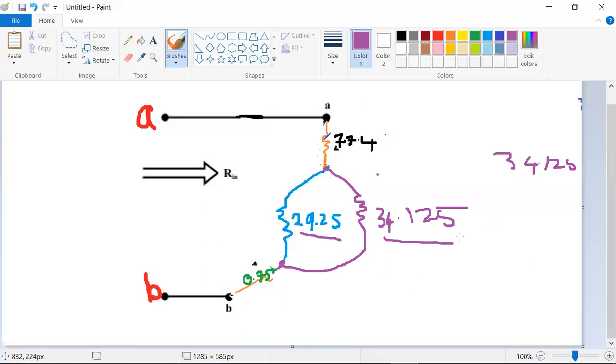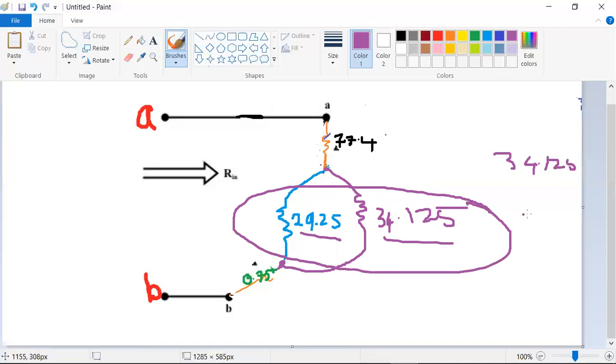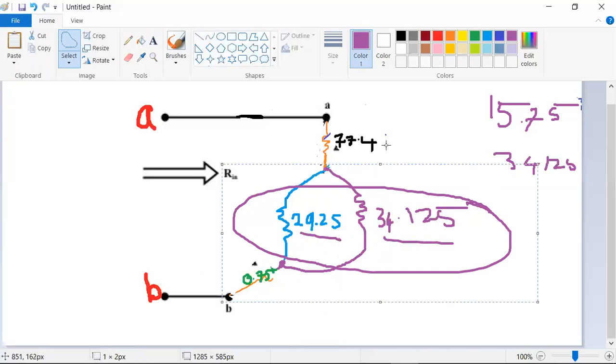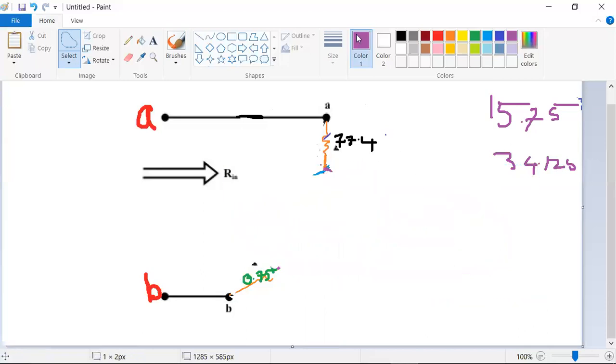Then it will be 15.75. Let me add that value also, 15.75. So let me remove that circuit as well. Now I am removing the circuit. By making the arrangement like this, 15.75.